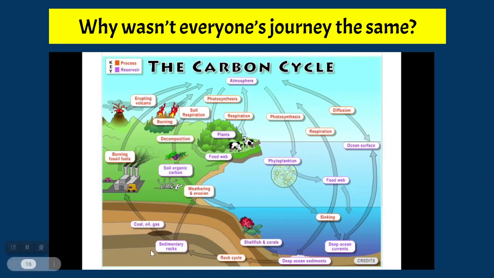Something has to happen first. You have to be burned or, I don't know, some change has to happen. If you start out as a plankton, you are not going to go from phytoplankton directly into, well, you might go into decomposition. It all just depends on exactly where you started, probably.